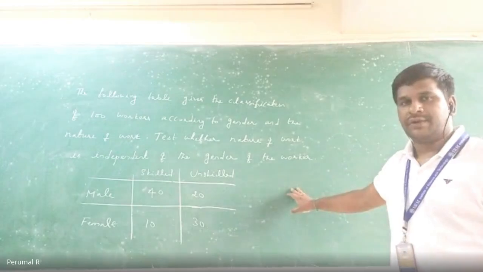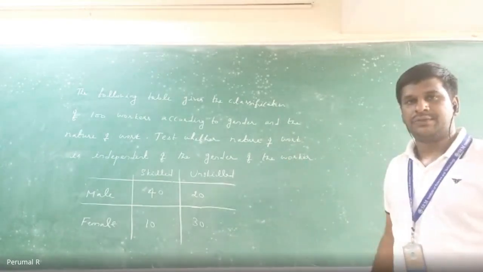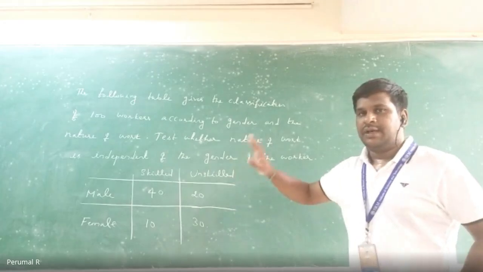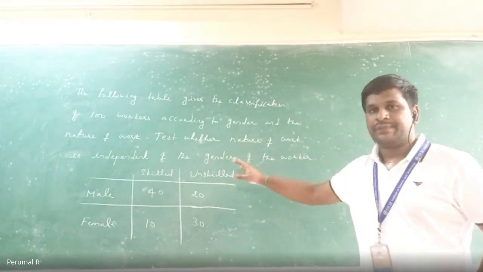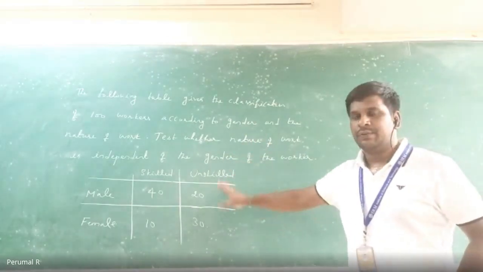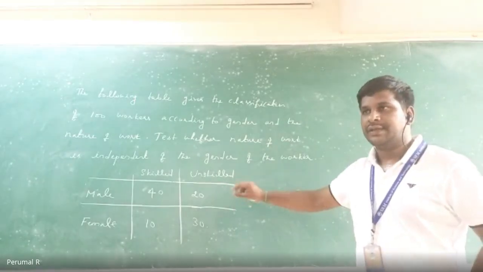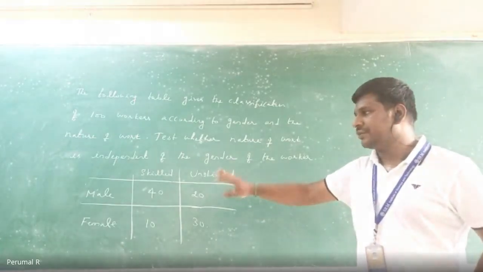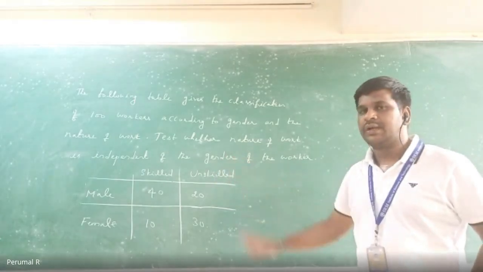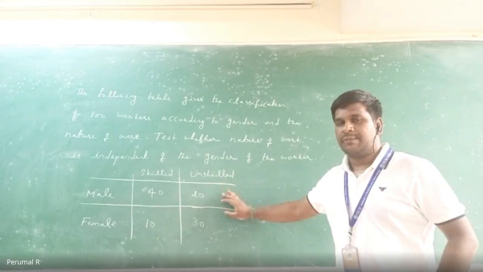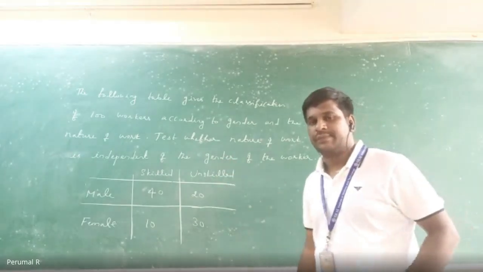That becomes the chi-square test of independence of attributes. We have two attributes, gender and nature of work, and the question is whether they are independent or not. So we are going to apply the chi-square test.